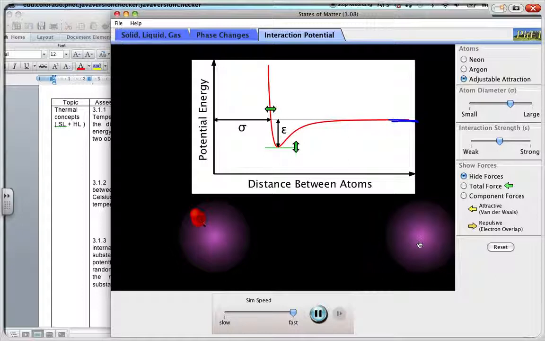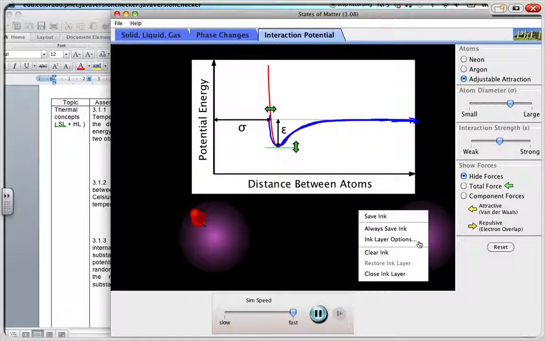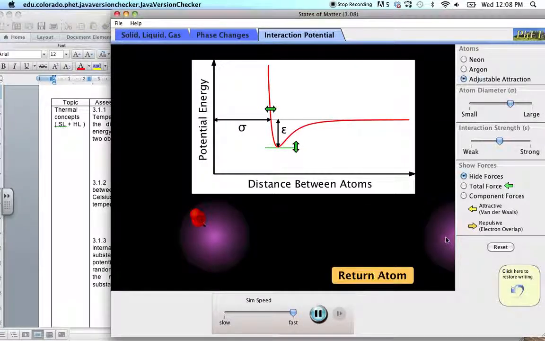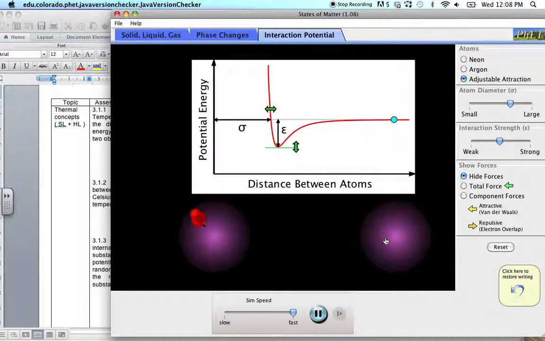So we take when they are far away as being zero. But to get them there, you actually have to do work on them. You have to put energy in to actually separate them, to pull them out of what we would call an energy well.